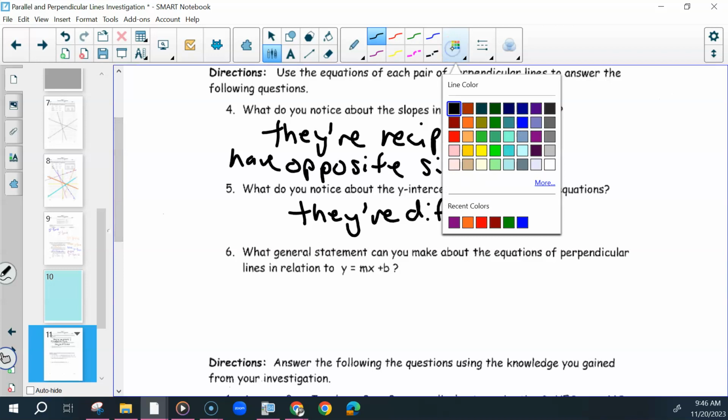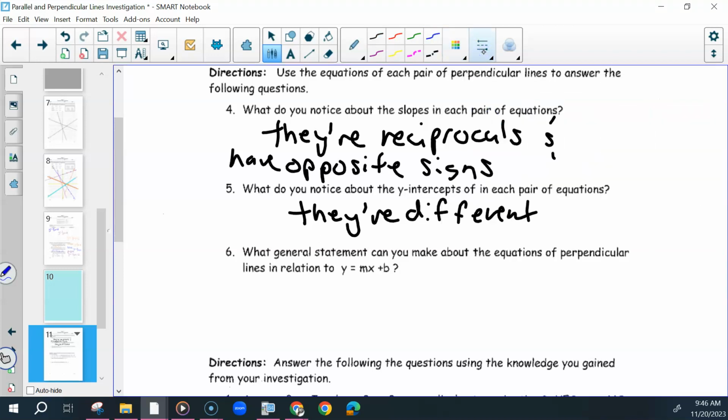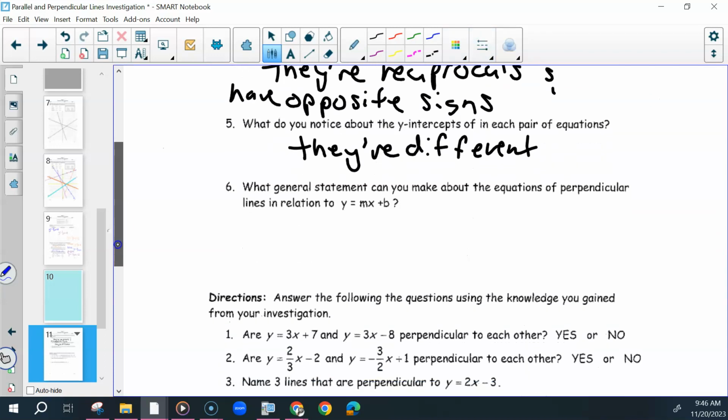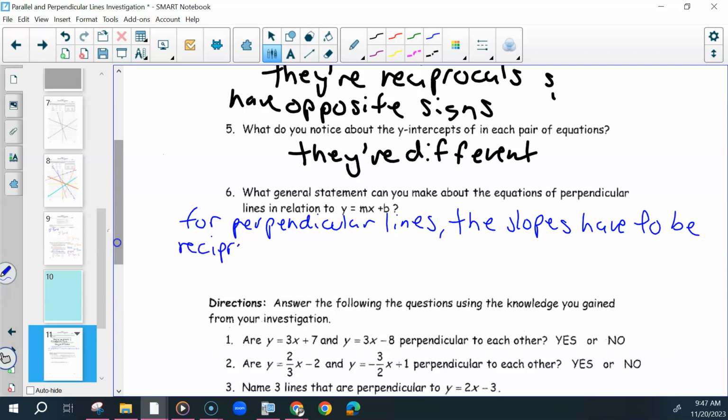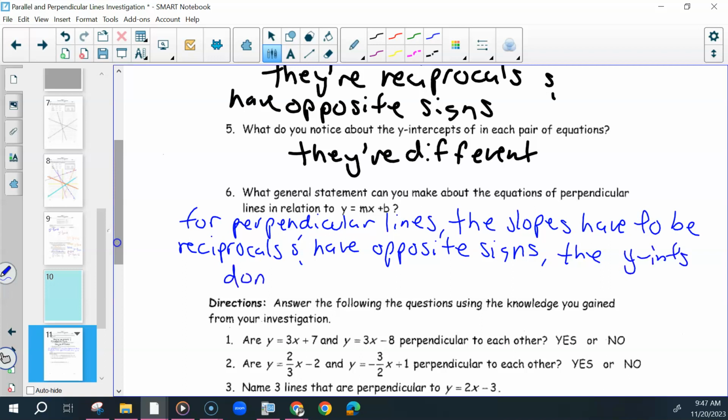So our general statement would be for perpendicular lines, the slopes have to be reciprocals and have opposite signs. The y-intercepts don't matter.